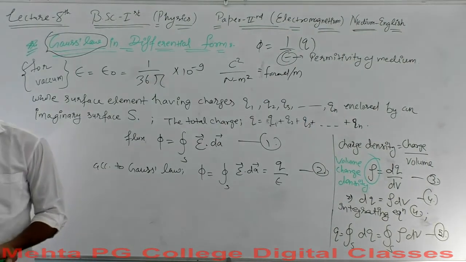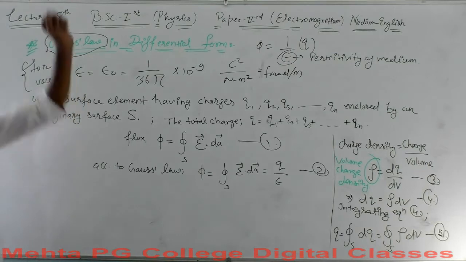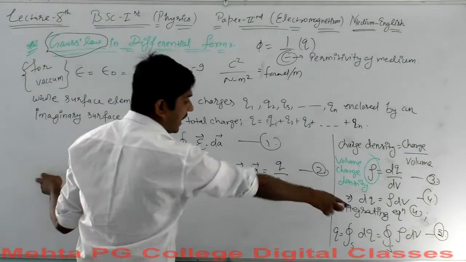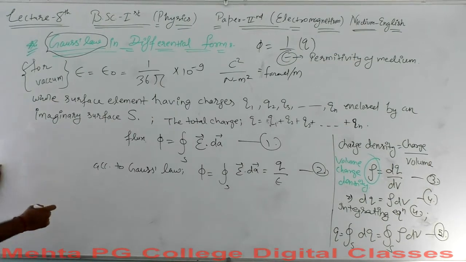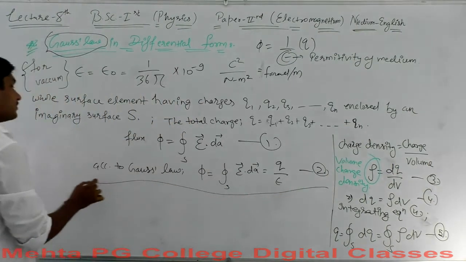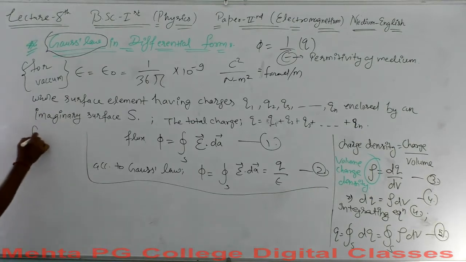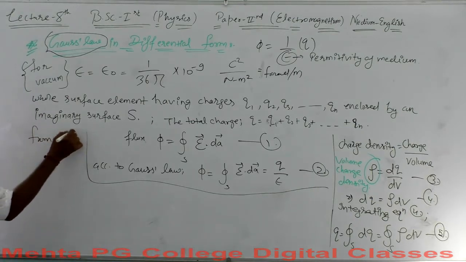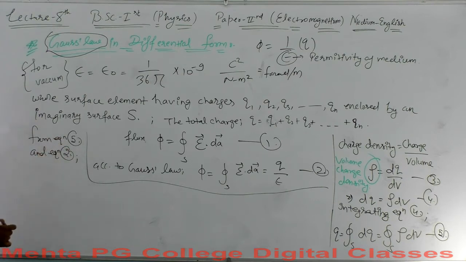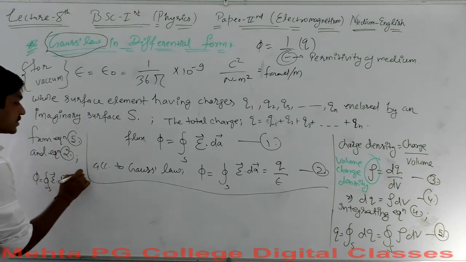So using that value in equation 2, from equation 5 and equation 2, the integration over closed surface of E vector dot dA vector is equal to q over epsilon.